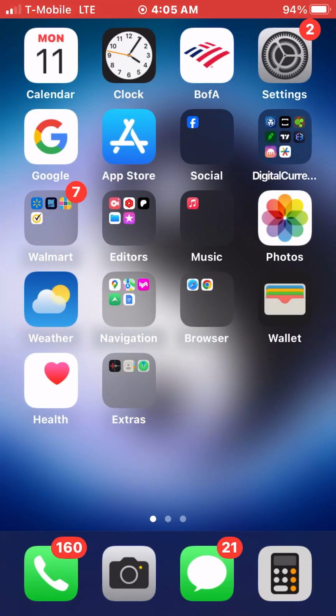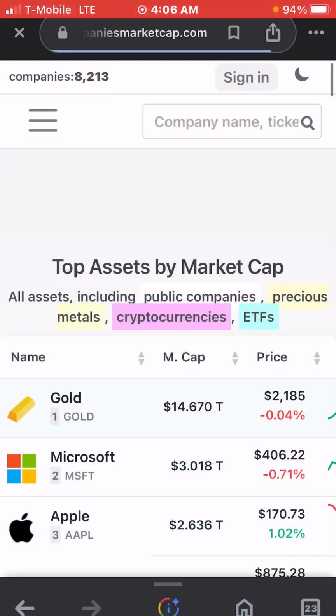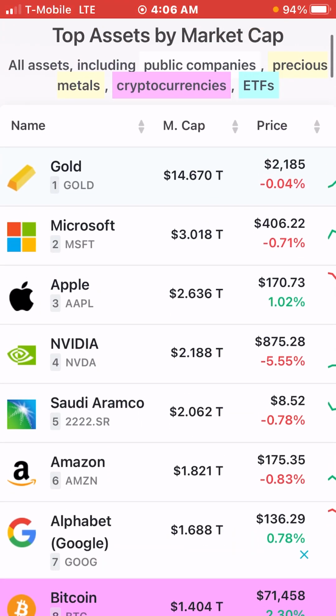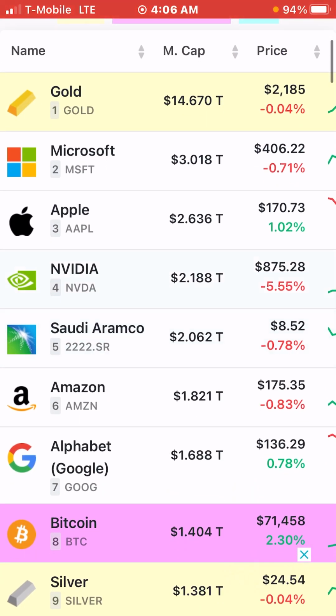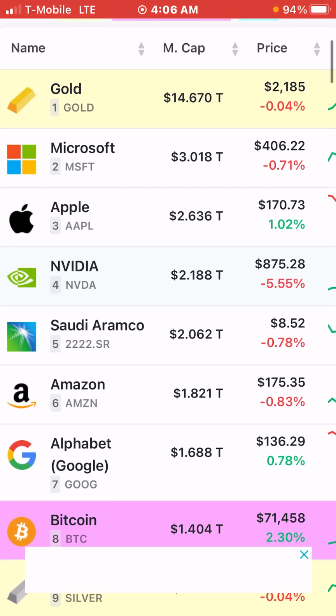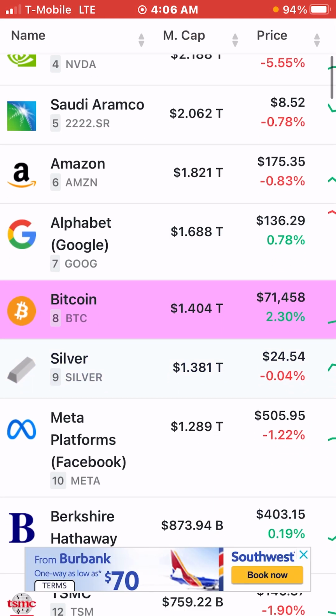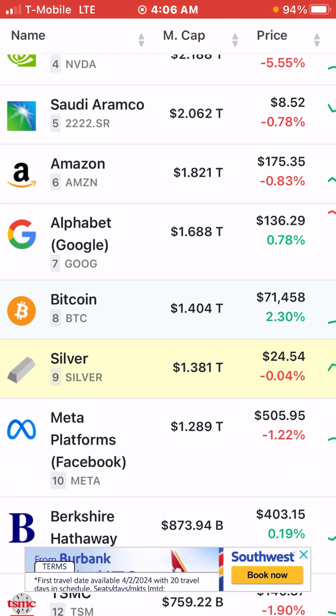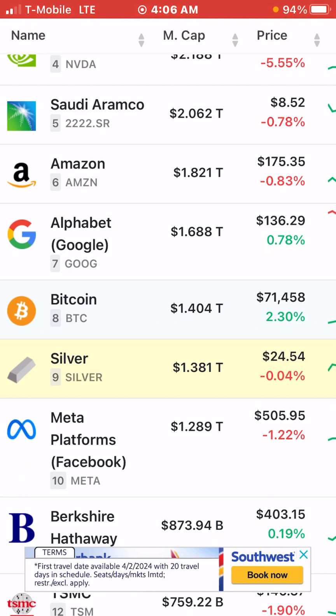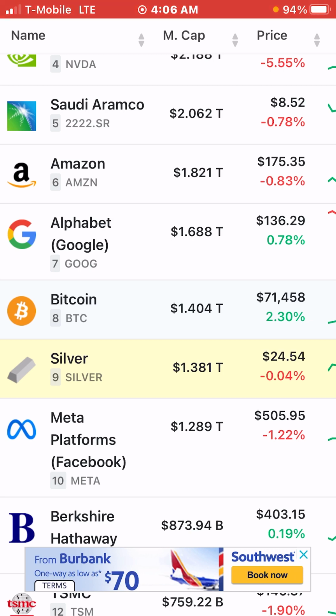What I like doing, and this is a new thing that I'm doing, especially since Bitcoin's going up, is to see where Bitcoin is ranking, so I go to this site right here. As far as market cap, we can see where Bitcoin is. Right now, Bitcoin has just passed Facebook recently, and now it has just passed silver.